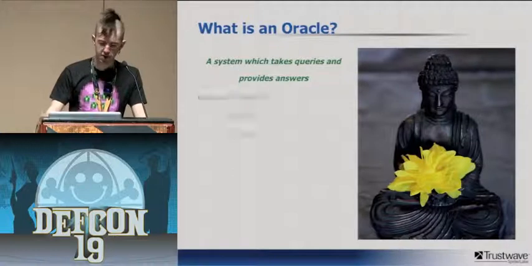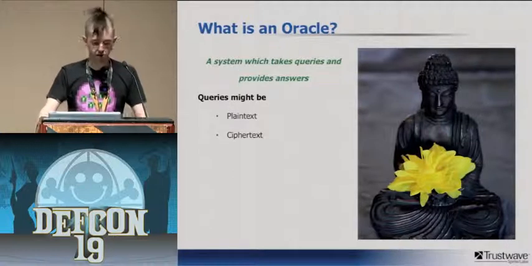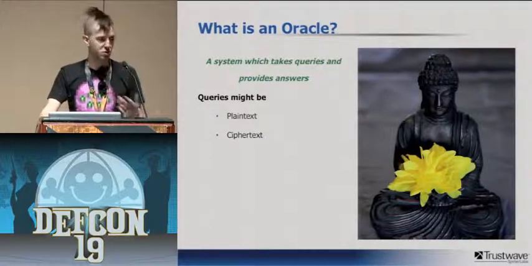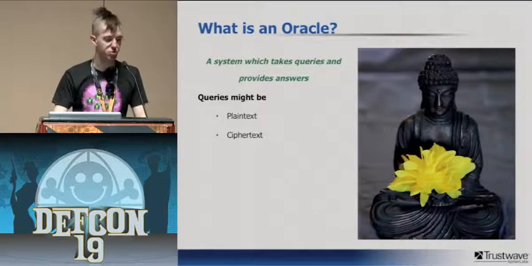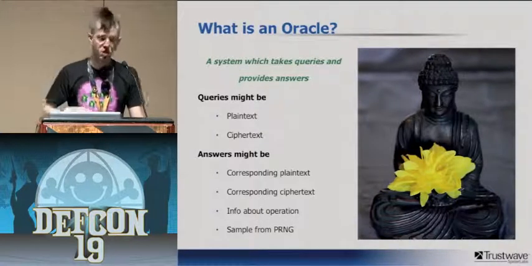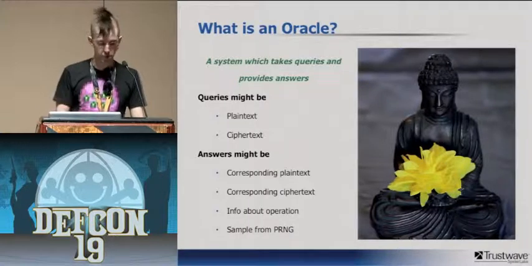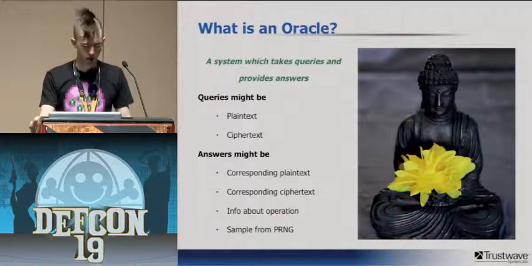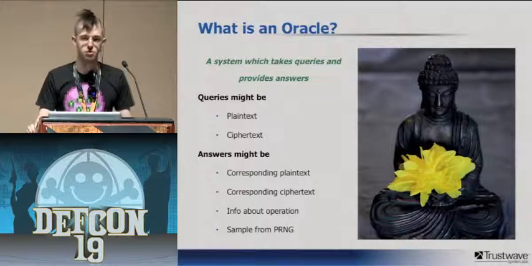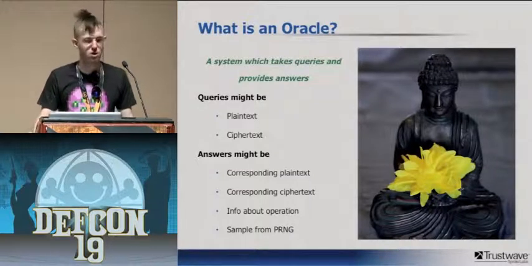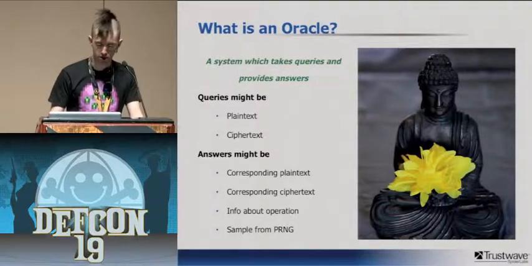Now, when we're talking about that in the sense of cryptography, we're talking about taking in plain text or ciphertext, and then usually encrypting or decrypting and leaking something about that operation, whether that's the corresponding plain text to an input ciphertext, whether that's the ciphertext to an input plain text, whether it's info about the operation, maybe it's success or failure, or maybe it could be just simply a sample from a pseudo-random number generator or a random number generator, which is referred to as a random oracle. We're not really talking about that, but thought I'd mention it.